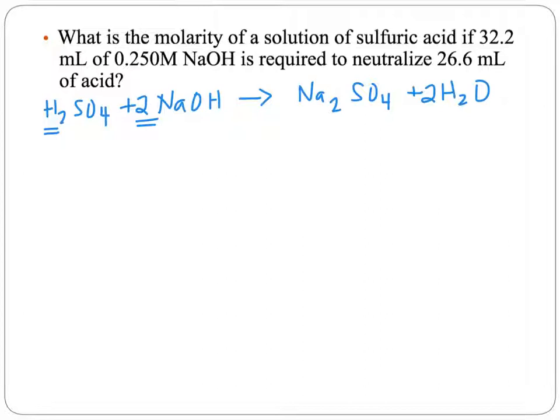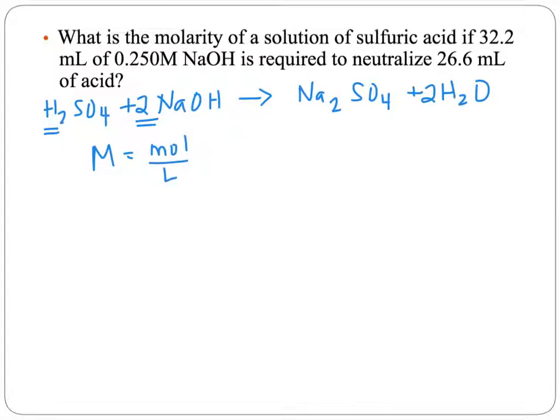So after you make the balanced equation and take a look at your mole ratio, then you want to figure out how many moles of sodium hydroxide were in the amount of solution we used. And remember that molarity is equal to moles per liter.